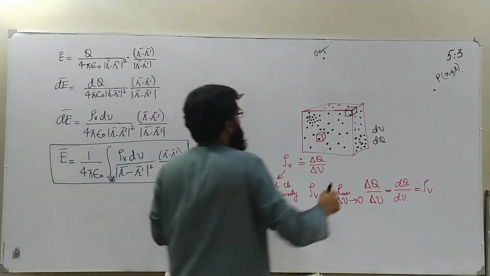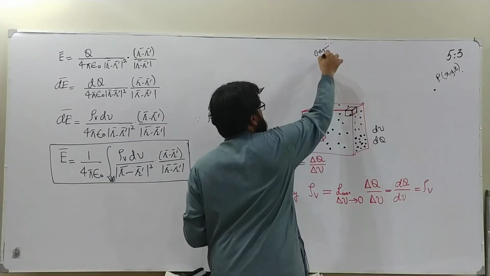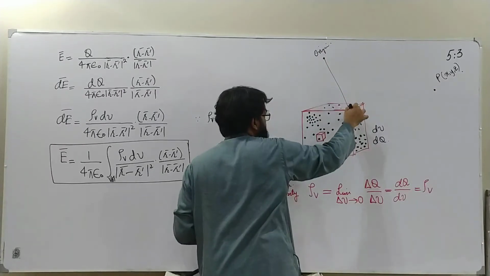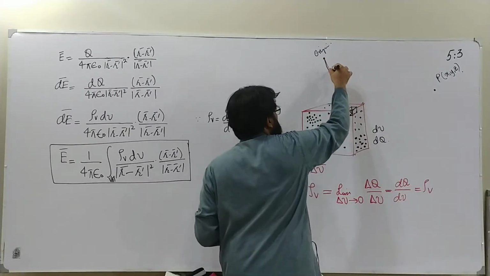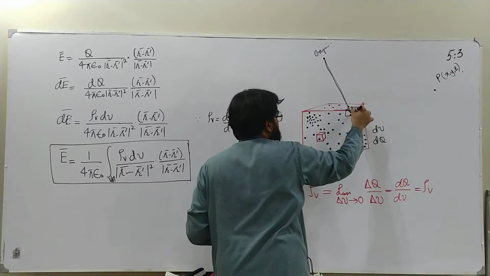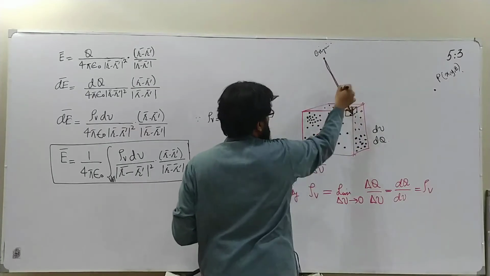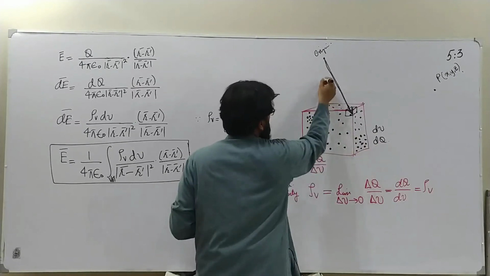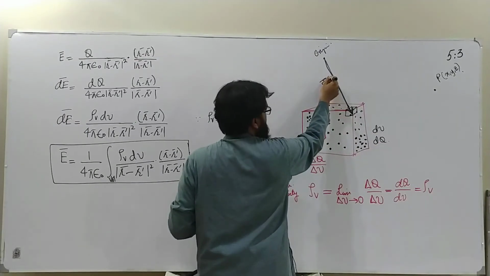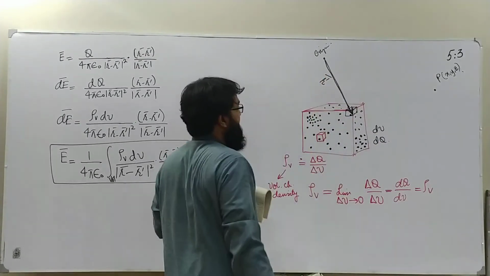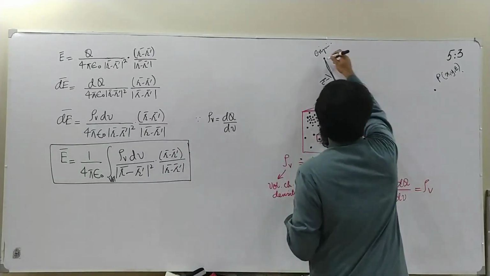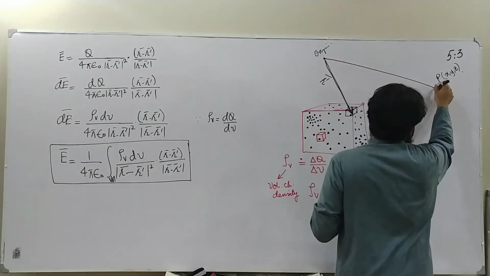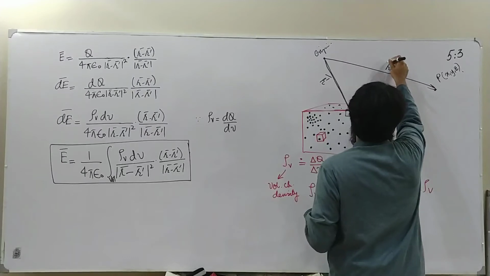To locate that point charge, we can use a position vector starting from the origin and ending at this differential volume, which stores that differential point charge. We know that this position vector is nothing but small r prime, and the position vector which locates the field point is given by position vector r. We all know that.